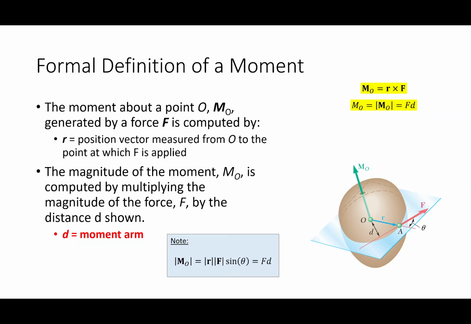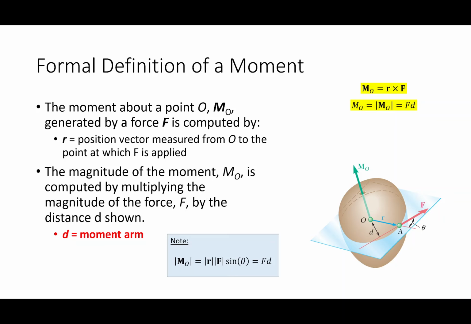That force is defined by some vector. What I will then do is define another vector right here. We'll call that vector R, that goes from our point of interest to where the force is being applied. And then I propose that the moment is defined as R cross F. And that is going to be our formal definition of a moment.